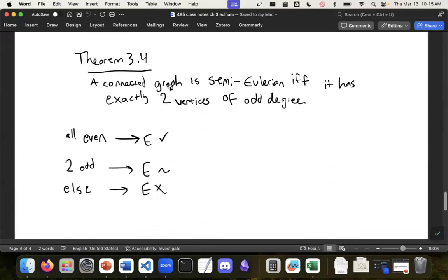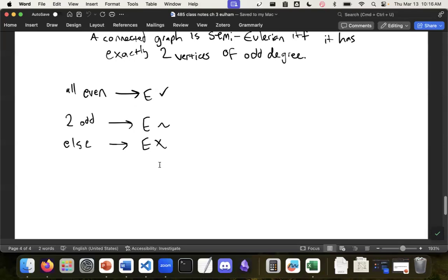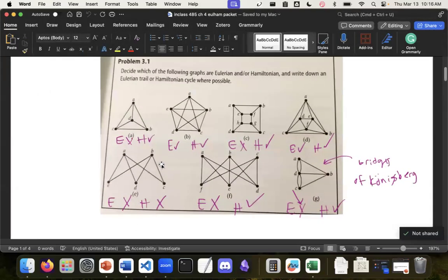And the theorem associated with that is it's semi-Eulerian if and only if it has exactly two vertices of odd degree. So if they're all even, then it's Eulerian. If there's exactly two odd, then it's semi-Eulerian. Otherwise, it's not. So that's where we stopped.